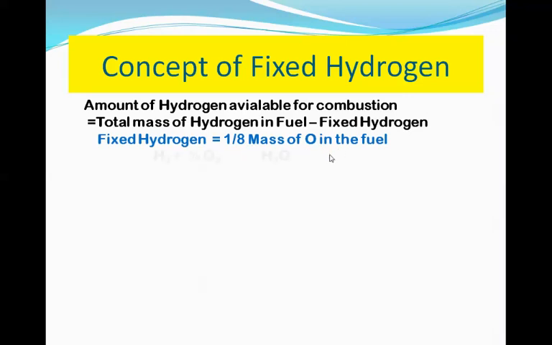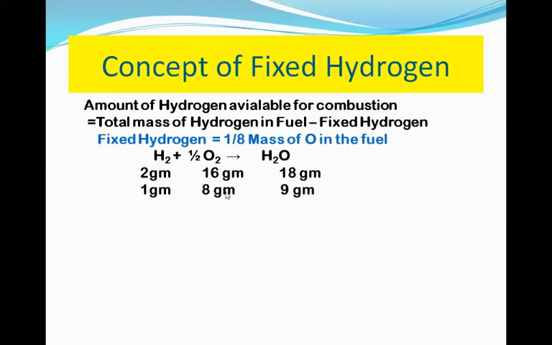How do we derive this? Let us consider the equation H2 plus half O2 gives H2O. On weight basis, it can be seen that 2 grams of hydrogen combine with 16 grams of oxygen to form 18 grams of water. So 1 gram of hydrogen will combine with 8 grams of oxygen. It can be said in reverse that if 8 grams of oxygen is present in the fuel, it will combine with 1 gram of hydrogen to produce 9 grams of water.